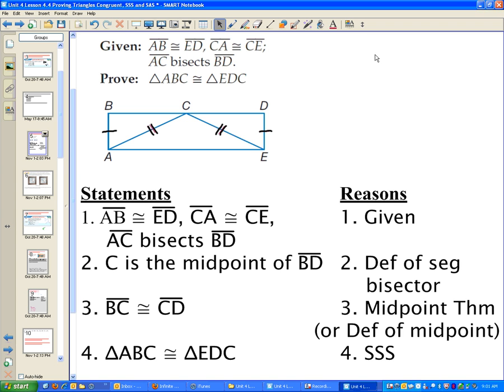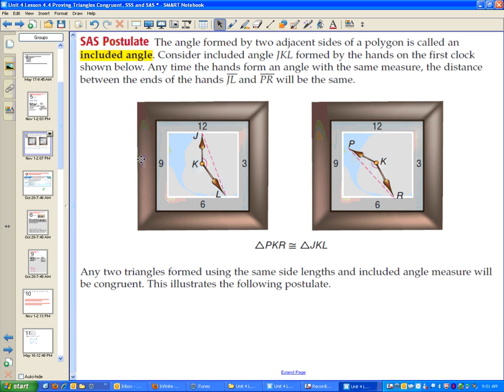Another method in this section is side-angle-side. If you look here on page 264, they explain to us what an included angle is. It says the angle formed by 2 adjacent sides of a polygon is called an included angle. An angle formed by 2 adjacent sides of a triangle is called an included angle. It says consider the angle JKL formed by the hands on the first clock shown below.